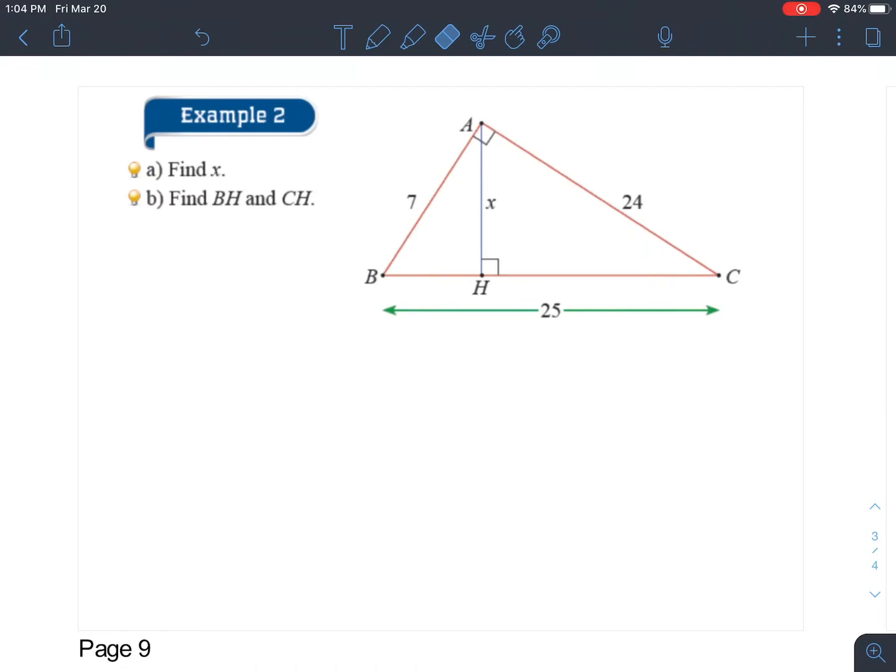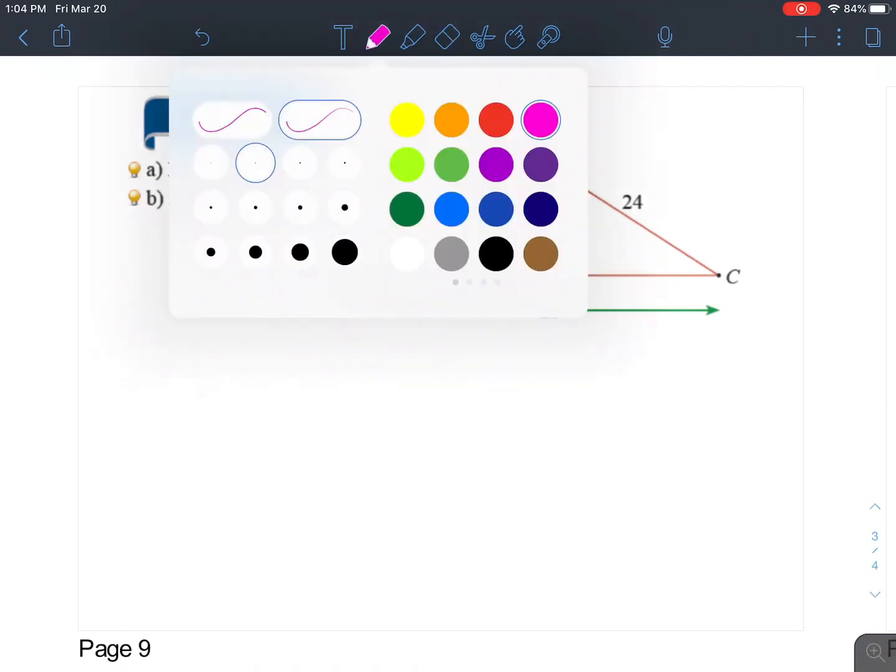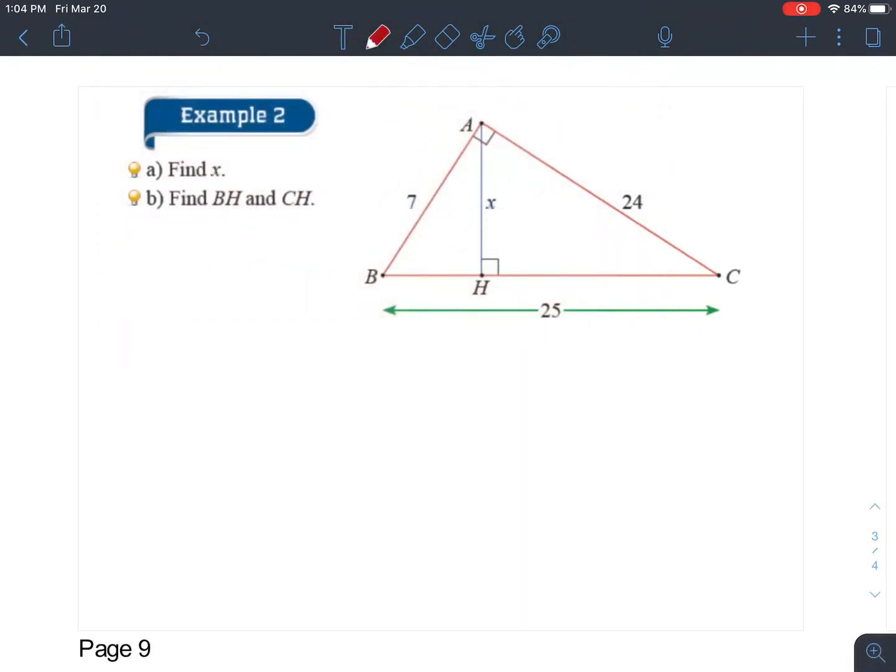Okay, so for this first one, we're going to find the value of x. And what I can see is that we have this 25 down at the bottom, and we've got this part is 24. And what I'm thinking is we might need to find some other values before we can solve this.